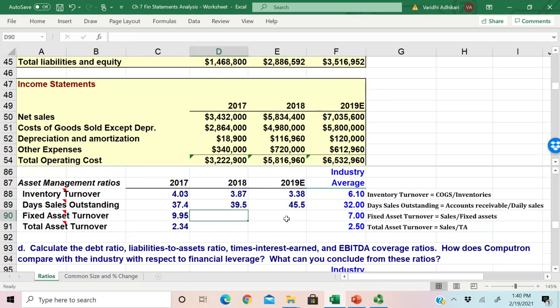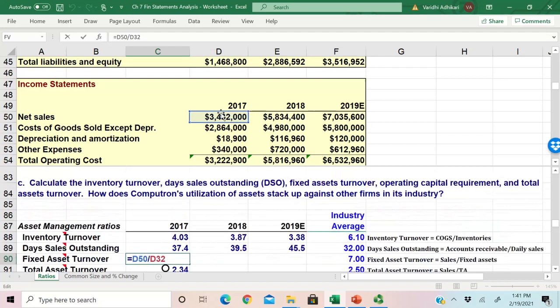Fixed asset turnover has to do with how the company utilizes its fixed assets, such as property, plant, and equipment, to generate sales. The formula is net sales divided by total fixed assets.